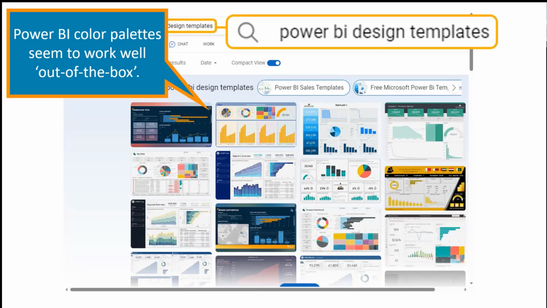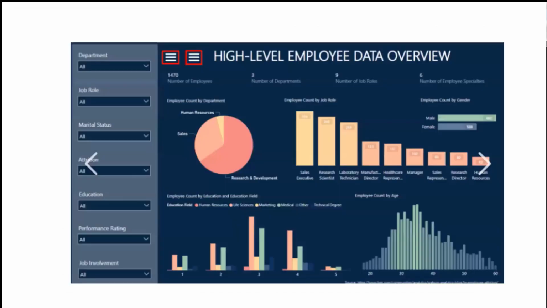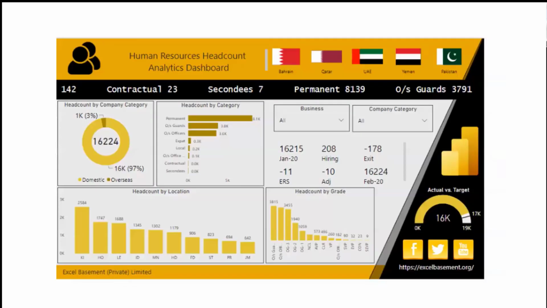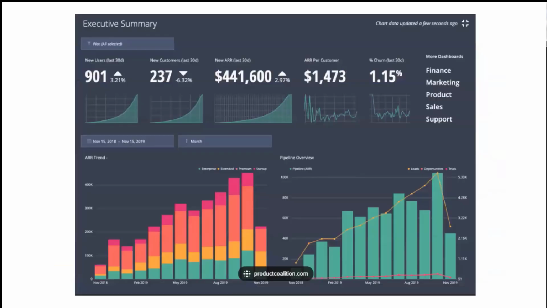It seems harder to make a bad design in a Power BI application. It really works quite well out of the box in terms of the colors. Here I've just picked some images at random. I'll put them up. I just click through these.